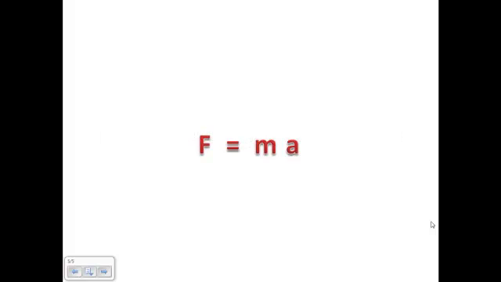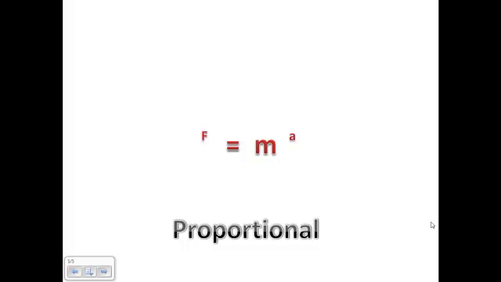So if I increase the force that I apply to something, it'll cause it to increase its acceleration. In other words, I push it harder, it moves faster. It goes the other way too. If I decrease my force, it'll decrease my acceleration. They move up and down together. We refer to this as being proportional. Force is proportional to acceleration. They increase together or they decrease together.